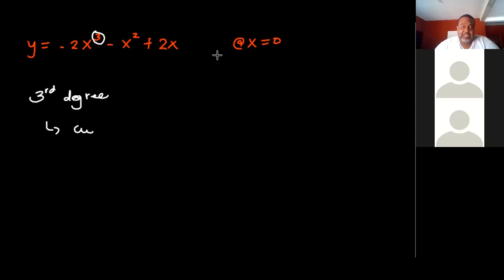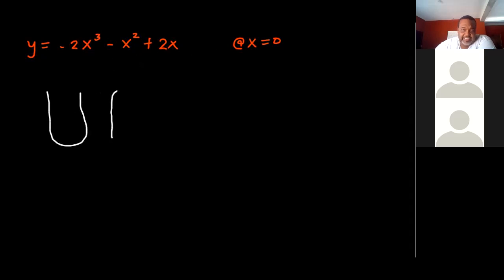There are certain things we ought to know at this point. If it were a quadratic function, it would look something like this or like that. We could do some transformations, but basically you have a U, an upside down U, a right side up U, sideways U's, whatever. This is a quadratic.